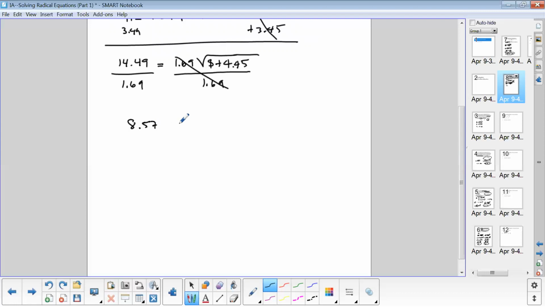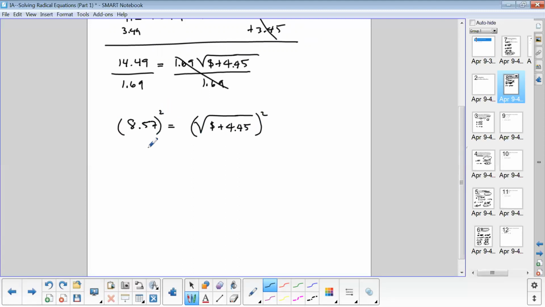And just double checking that. There's just some rounding there to 2 decimal points. So 8 57/100 is equal to the square root of S plus 4 45/100. And so that's the only expression I have left under the radical. So I'm going to square both sides.